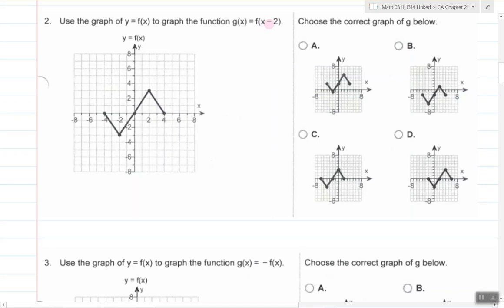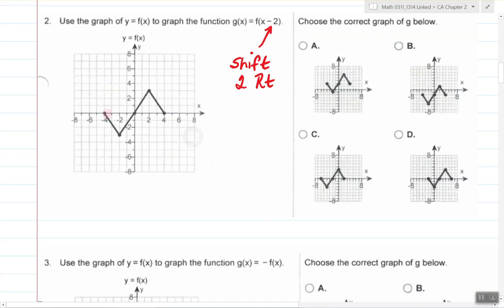So what this means is we've got a shift 2 units right. Anytime it's inside the function, before the function acts on it, like before you square it, before you take its absolute value, if it says minus 2, you go the opposite direction, it goes right 2.